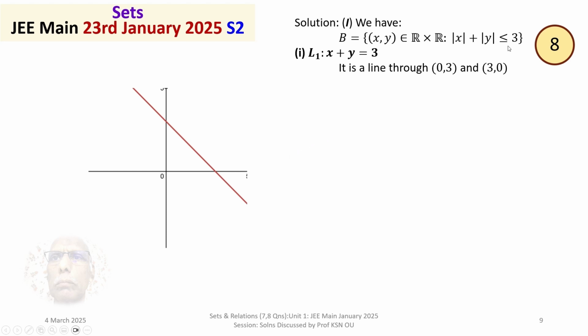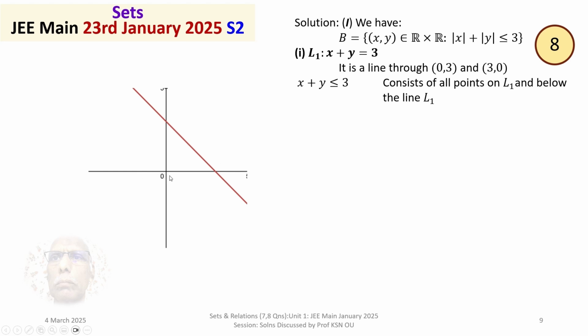But we have to consider this inequality. Now, x + y less than or equal to 3 consists of all points on L1, because of equal to, and below the line L1 because it is less than. Is it below or above? How do we decide? You take a convenient point.